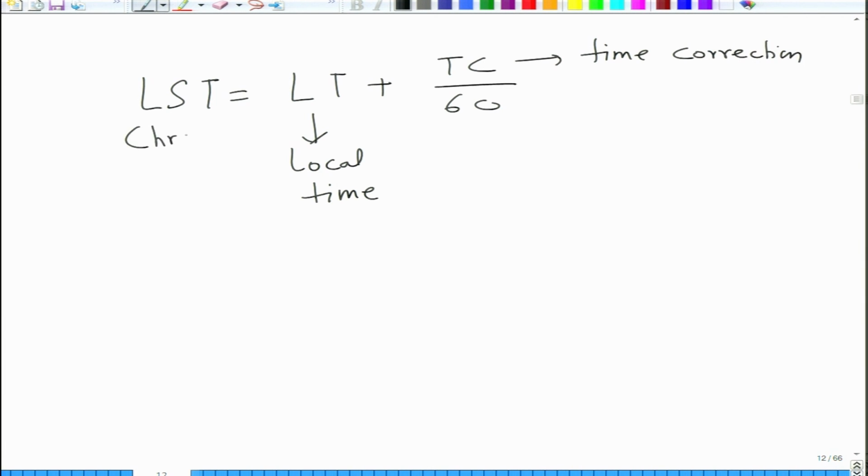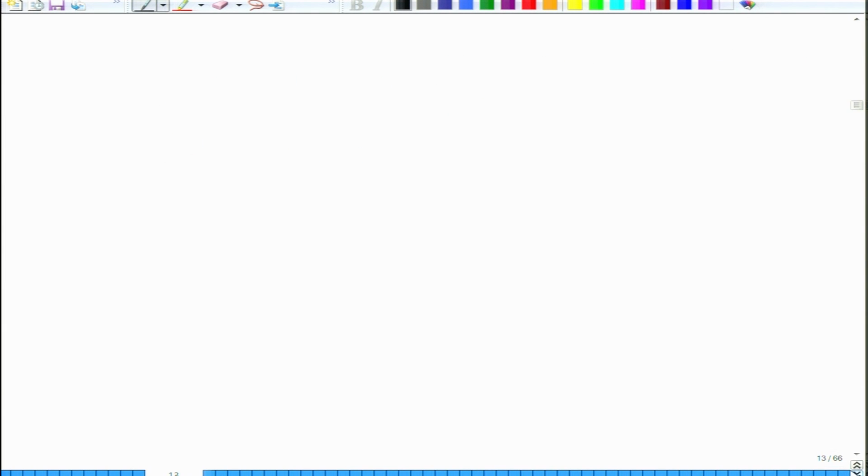So this would be in hours, okay, because you are dividing it by 60. So this is how you do the calculation of local solar time with respect to the position at which the solar panel is kept.